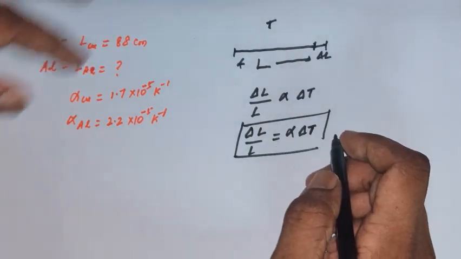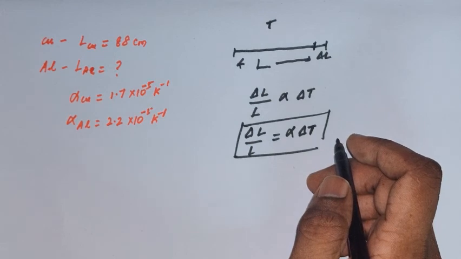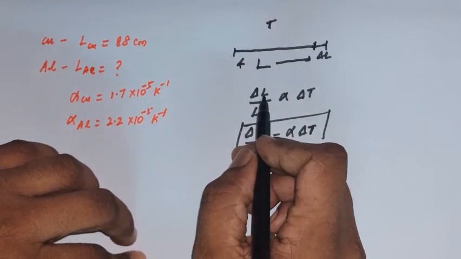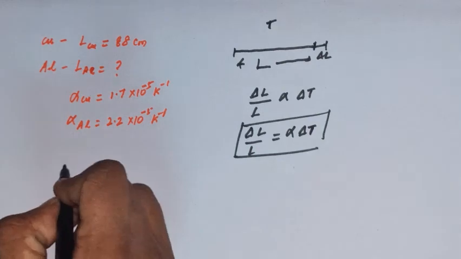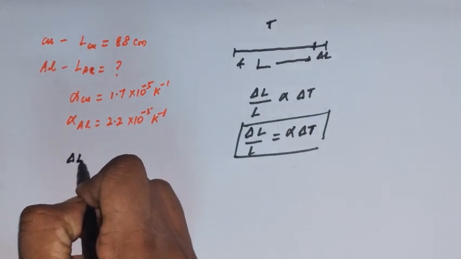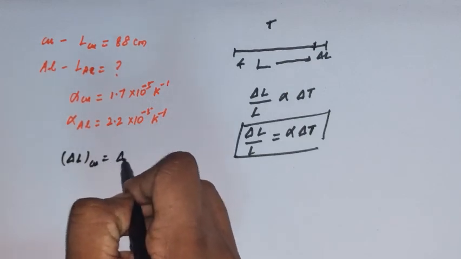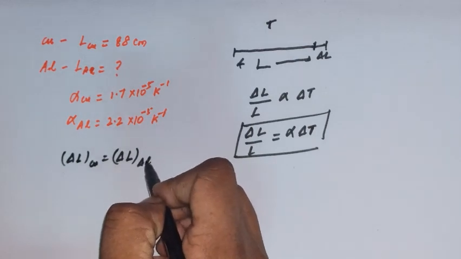In our problem, it is given that the thermal increase in length is independent of the increase in temperature. That means delta L is the same for the copper as well as the aluminum rod. Delta L for copper equals delta L for aluminum.